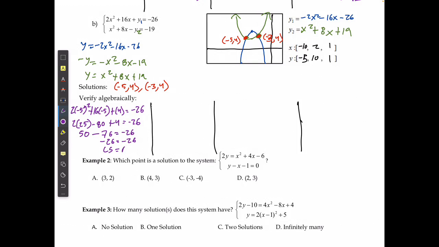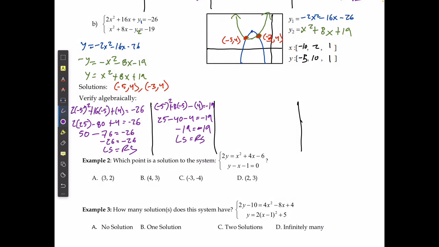And the left side is equal to the right side, and this works. My first solution in the second equation is going to be -5 squared plus 8 times -5 minus 4 is equal to -19. 25 minus 40 minus 4 is equal to -19, and when I combine them all together, -19 is equal to -19, and the left side is equal to the right side. So my first solution works.